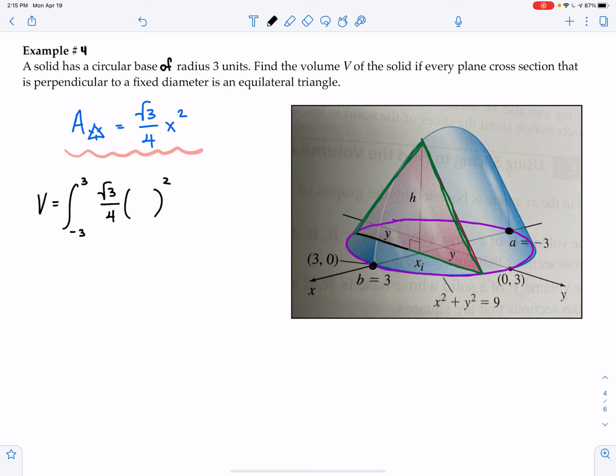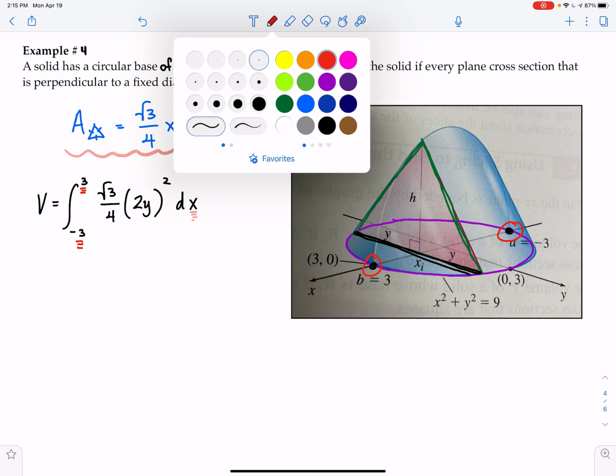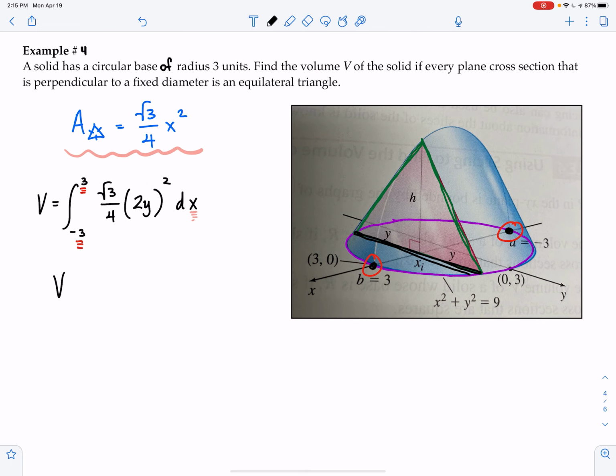Well, the side length that we have here looks to be y units above the x-axis and y units below the x-axis, so we could call that 2y, dx. Be careful here, and we'll explain this in a bit. The reason we use the dx is because we are using x values for our a and for our b. So let's do some simplifying before we dig into how to handle that y variable.